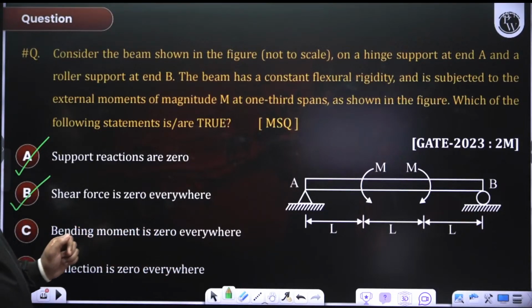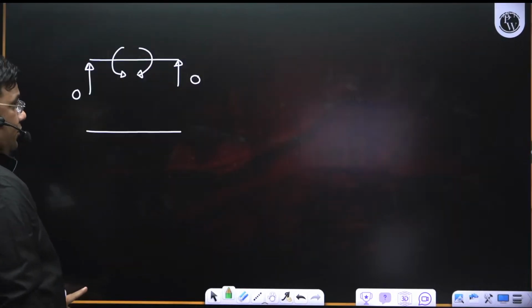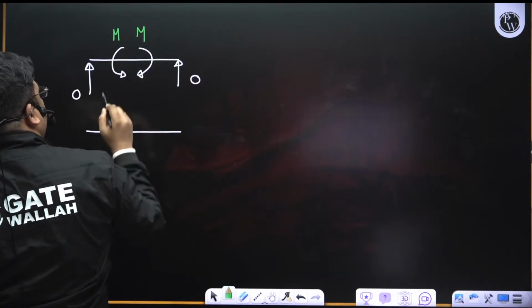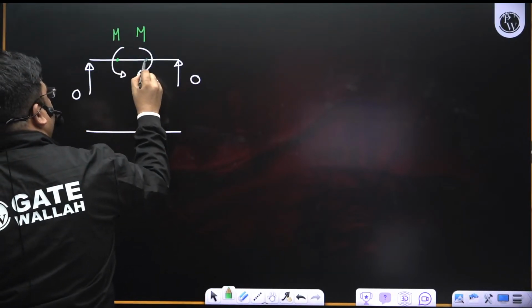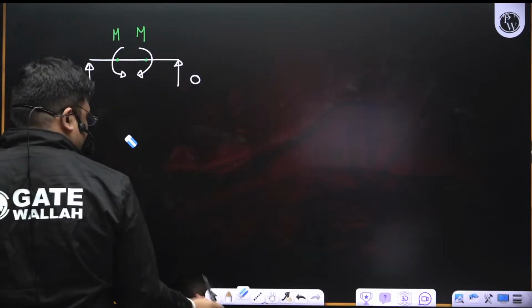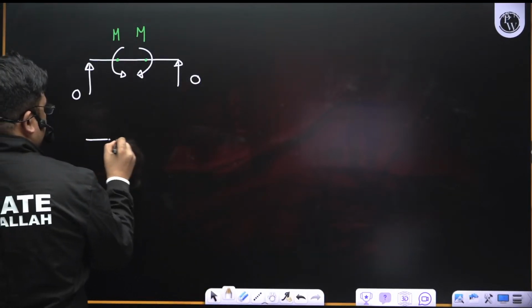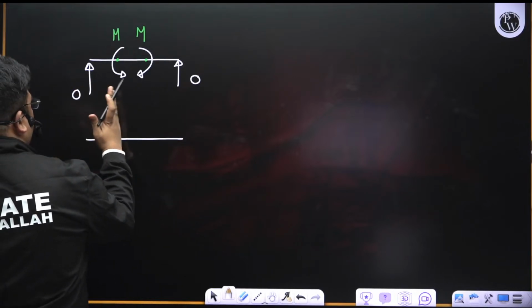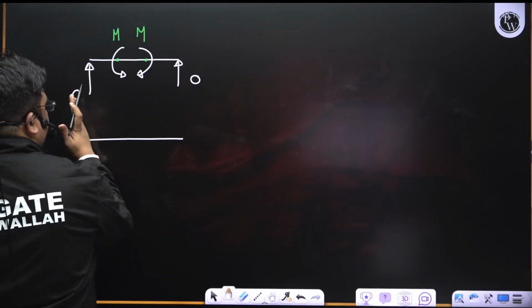This is not true. Why? This is M, this is M. Suppose I want to draw the bending moment diagram. From here to here, there is no load, so bending moment is 0.